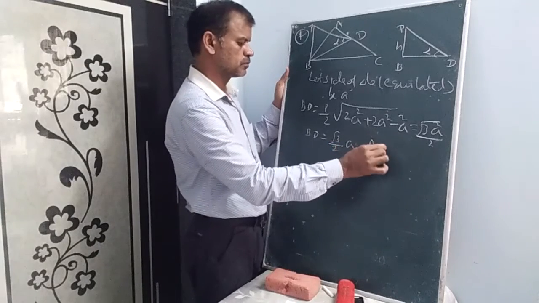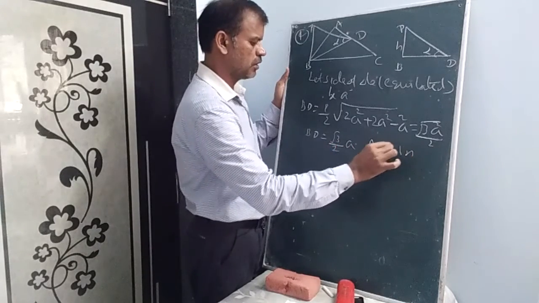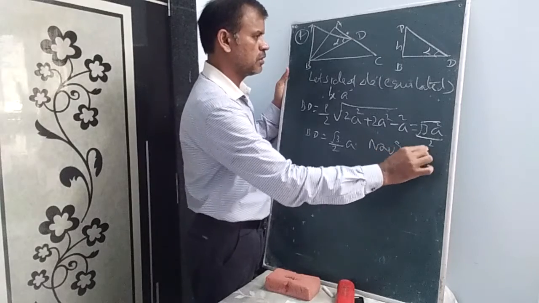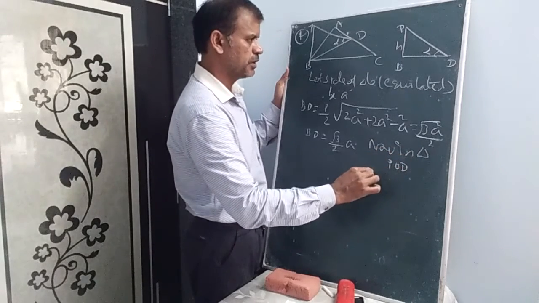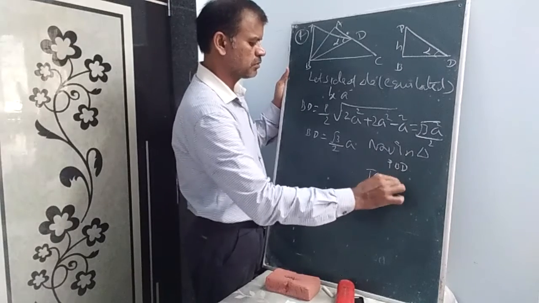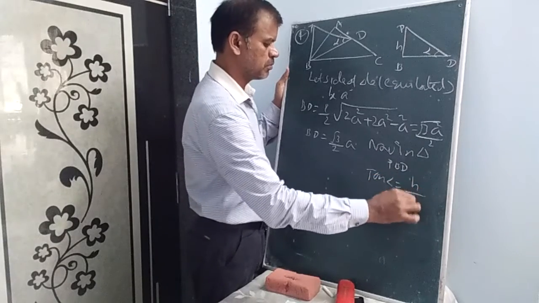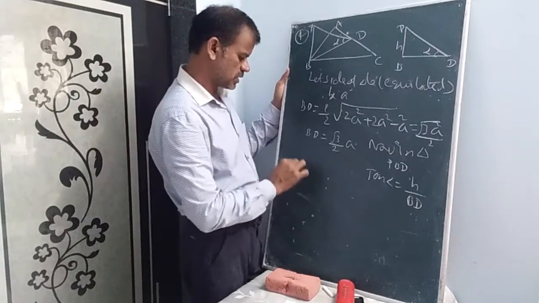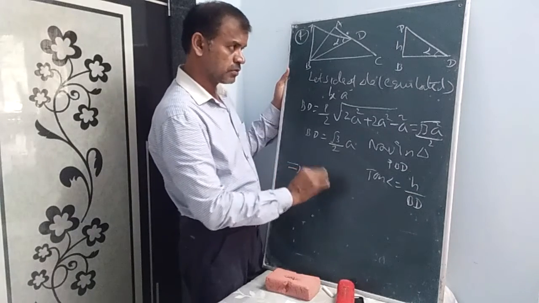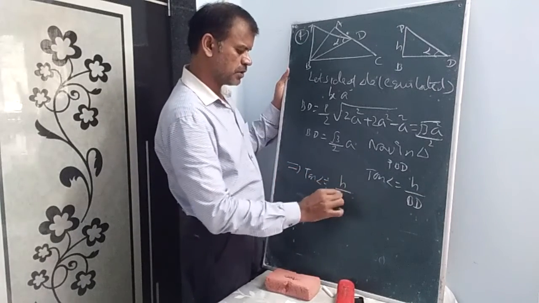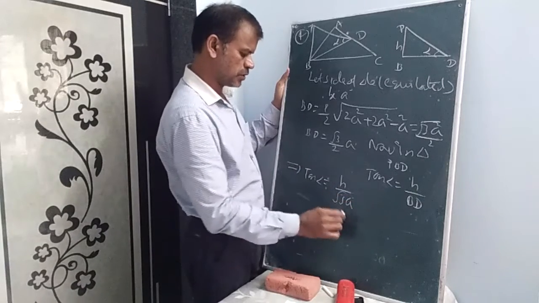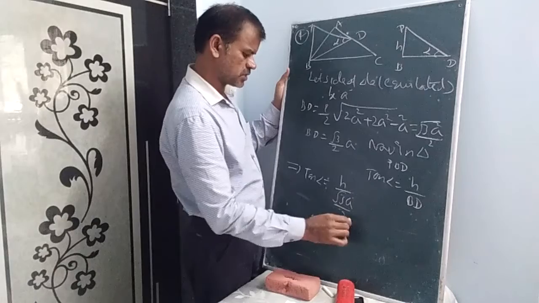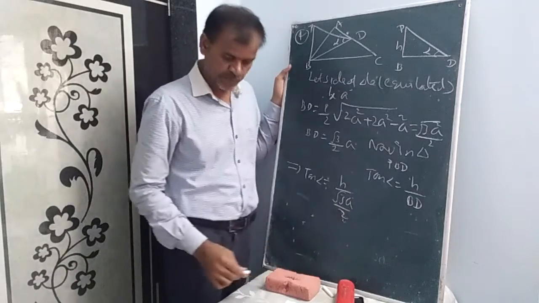Now in triangle PBD, tan alpha is equal to h by BD. That implies tan alpha is equal to h by root 3 by 2 a. What is he asking, side or height?